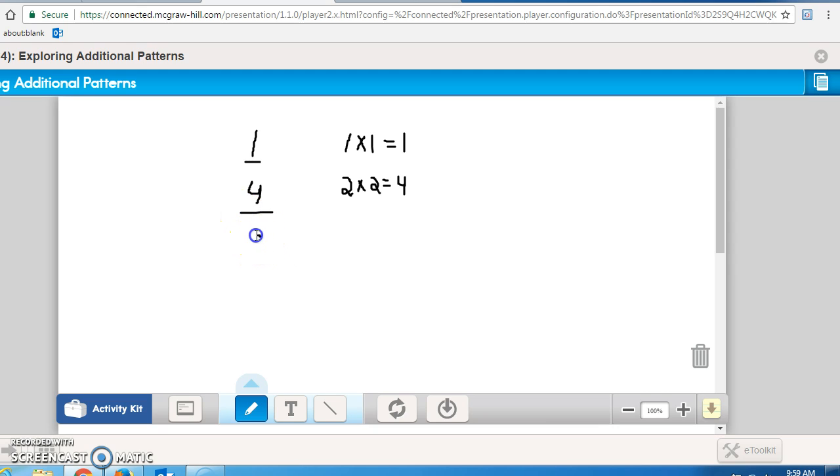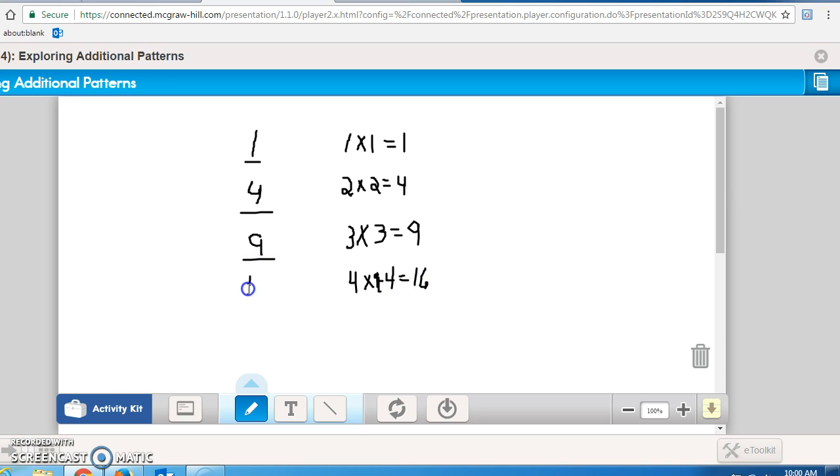So again, my next square number would be 9 because I did 1 times 1, 2 times 2. Guess what? Next is 3 times 3, and that equals 9. My next number, hopefully you're seeing the pattern, would be the answer to 4 times 4. 4 times 4 is 16.